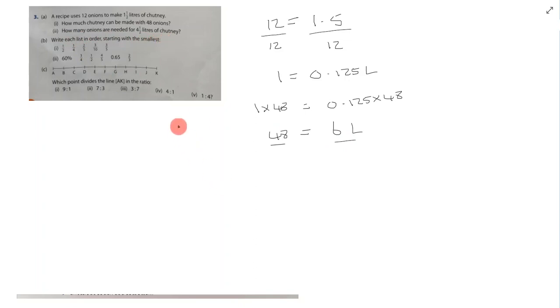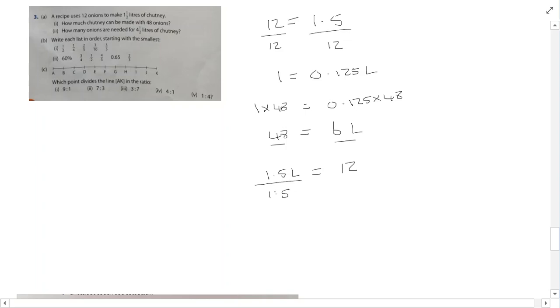So the next one: how many onions are needed for 4.5 litres of chutney? Again, it's the same thing, but we just do it the opposite way around. So we say 1.5 litres is equal to 12 onions. So you find out what 1 litre will give you. How do we change the 1.5 to just 1? You divide it by itself.